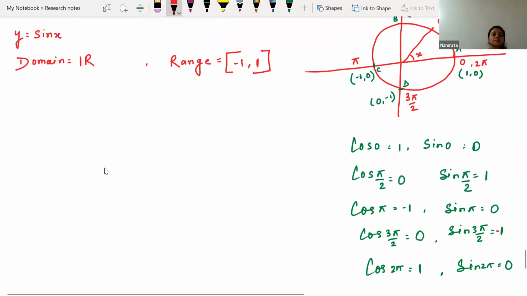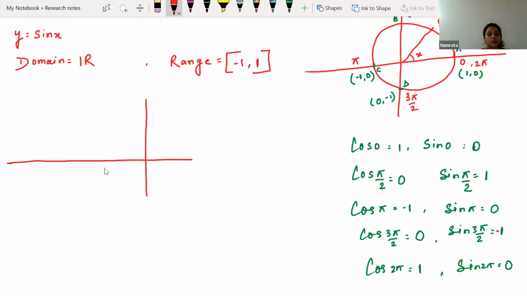Now we will be plotting the graph of it. Let's plot it. As we know, the range is plus 1 to minus 1. Here is 0.